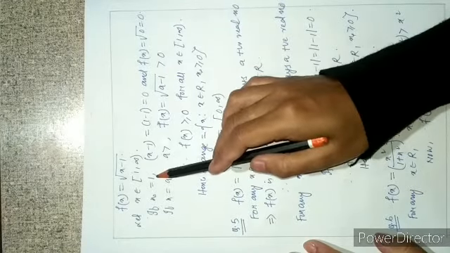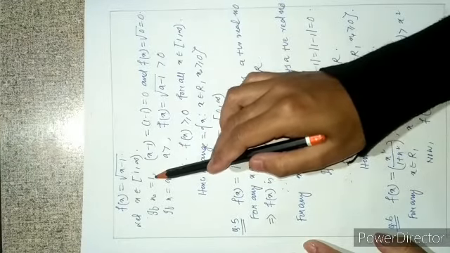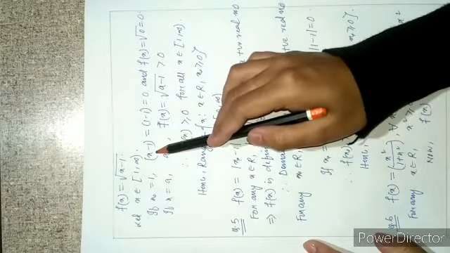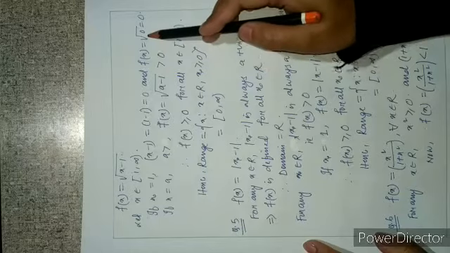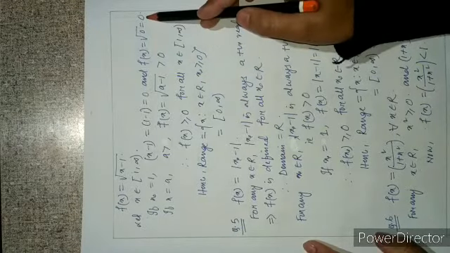If x is equal to 1, then find the value of x minus 1. 1 minus 1 is 0 and f of x is equal to root over 0, which is 0.